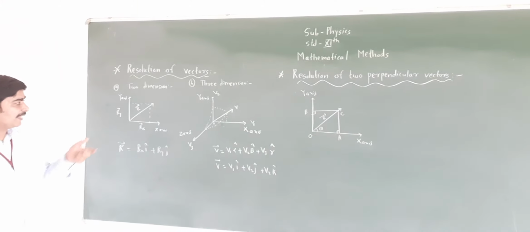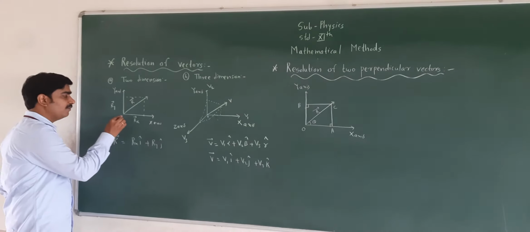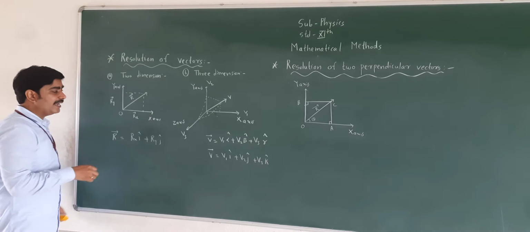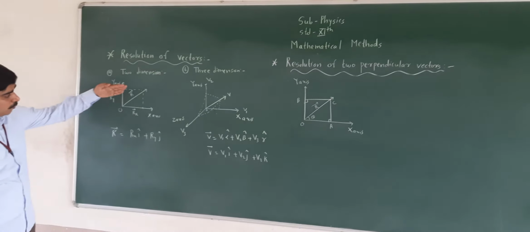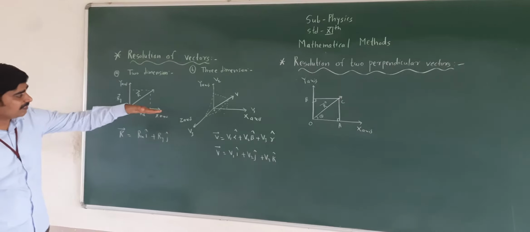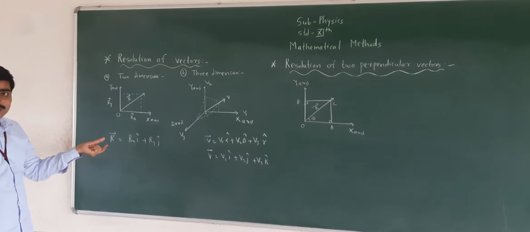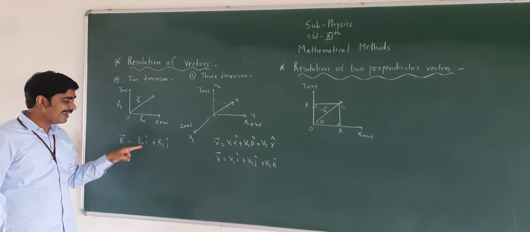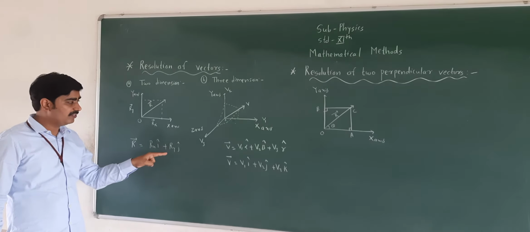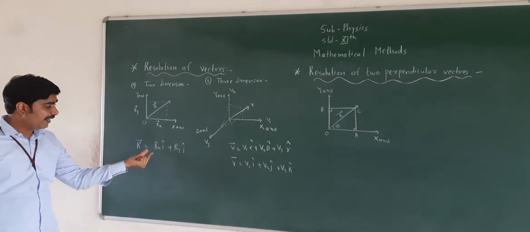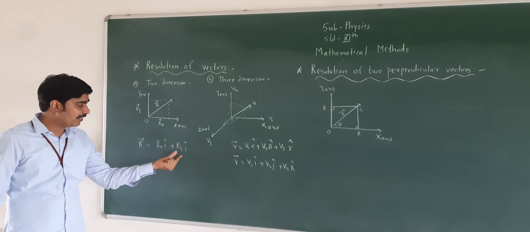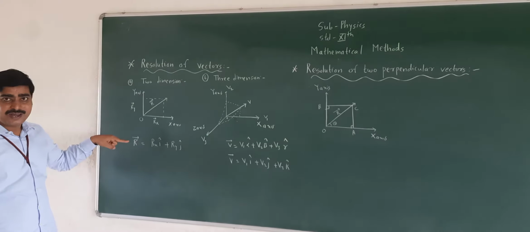So in the given diagram you can observe that the vector r gets divided into two components. One component is along the x-axis and the other component is along the y-axis. So vector r is equal to rx i cap plus ry j cap. So if we add rx i cap and ry j cap, then we get vector r.